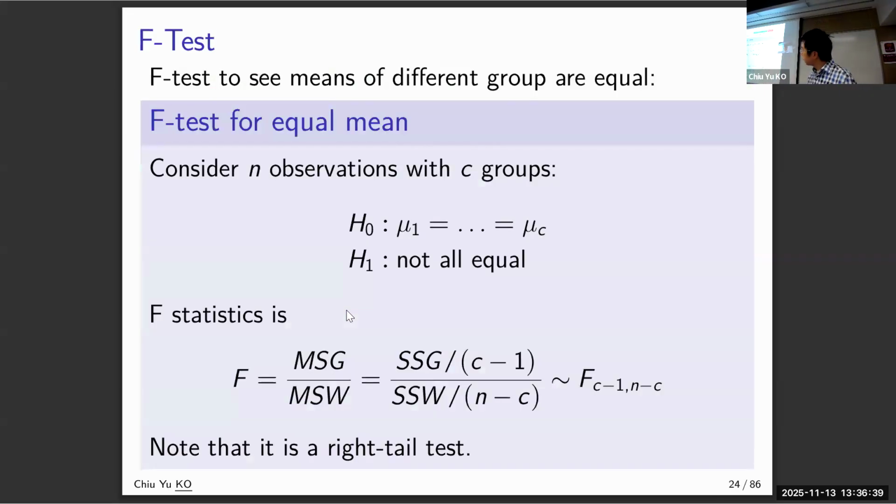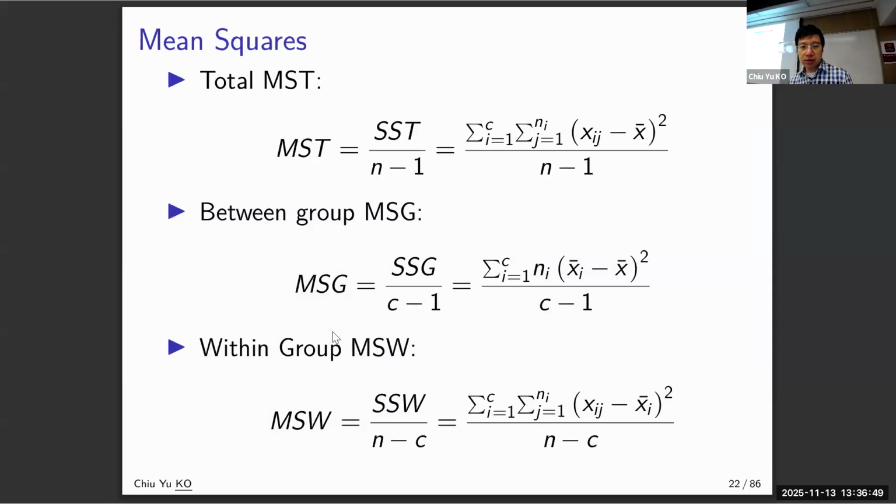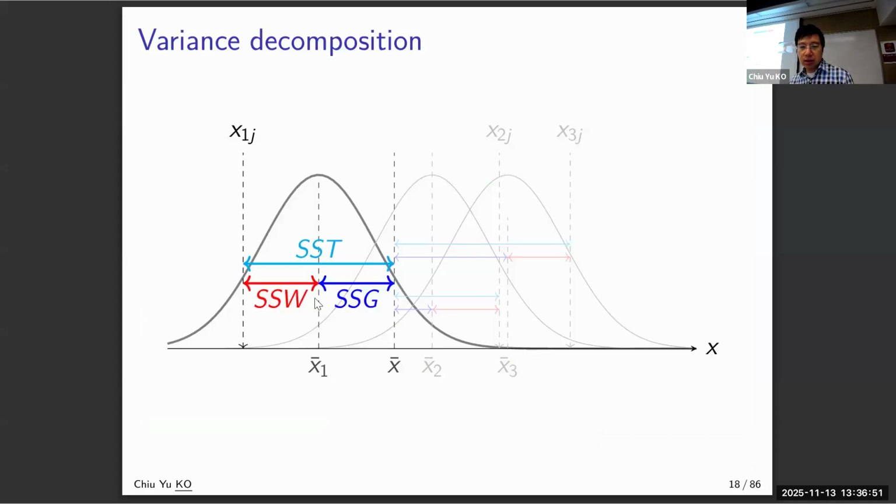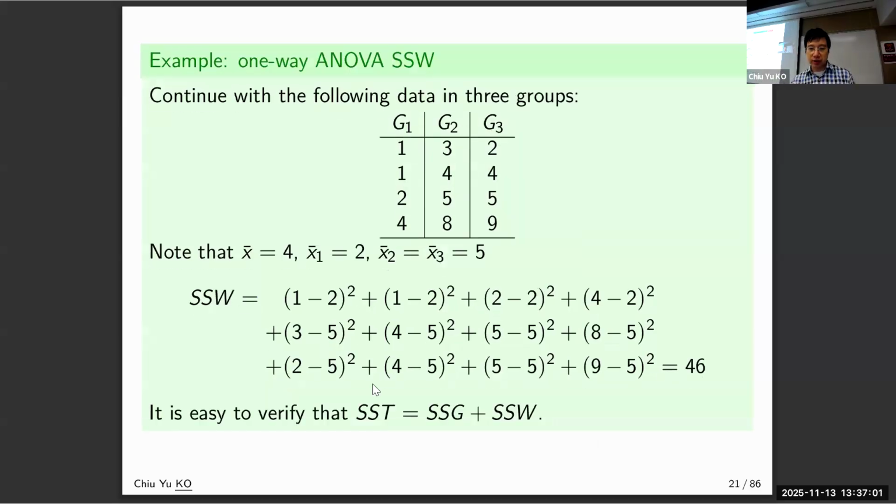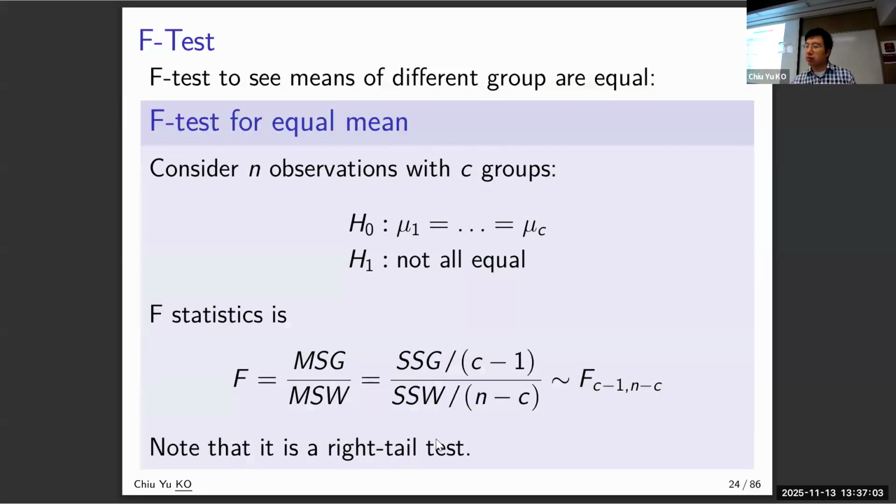By construction, the variance of SSG, between group, will be larger than within, if there's a difference. SSG will include not just the variance, but also the distance between them. That's why it's a 1-tail test, not a 2-tail. So that's why we do the right-tail test, because this one is larger than this one.